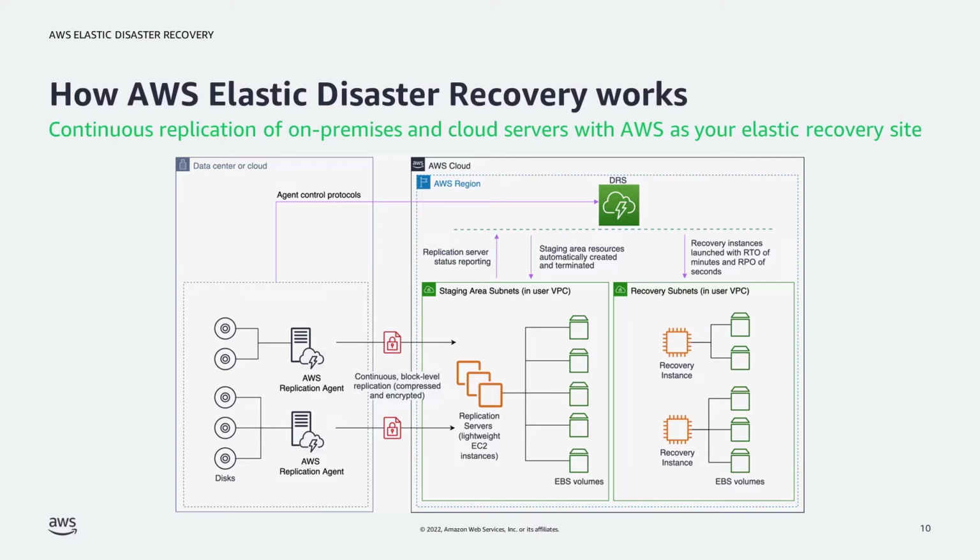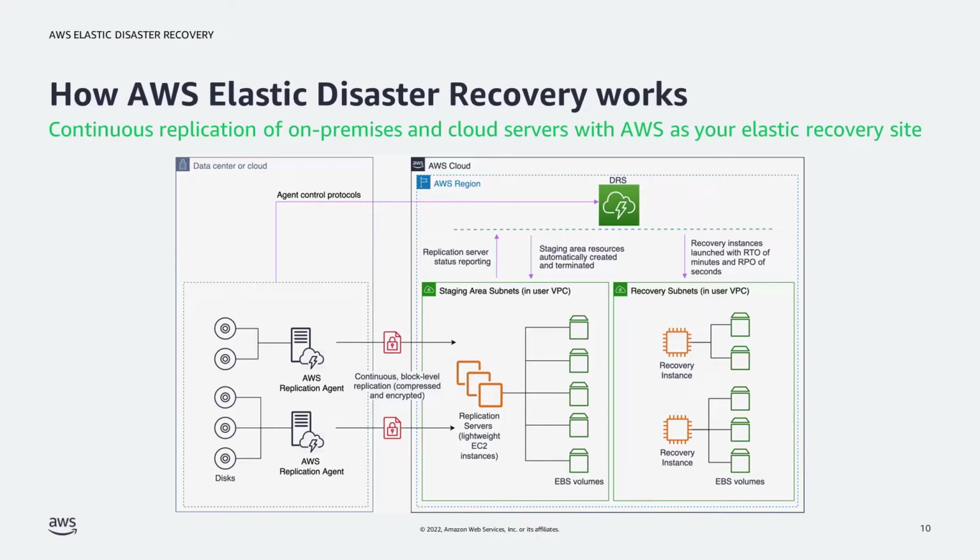These replication servers are sitting there to take in that traffic of data coming in from your source into AWS. One thing to note, in order to keep costs as low as possible, we are leveraging what we call a T3 small instance. The T3 small instance is powerful enough to take all that ingest of data.